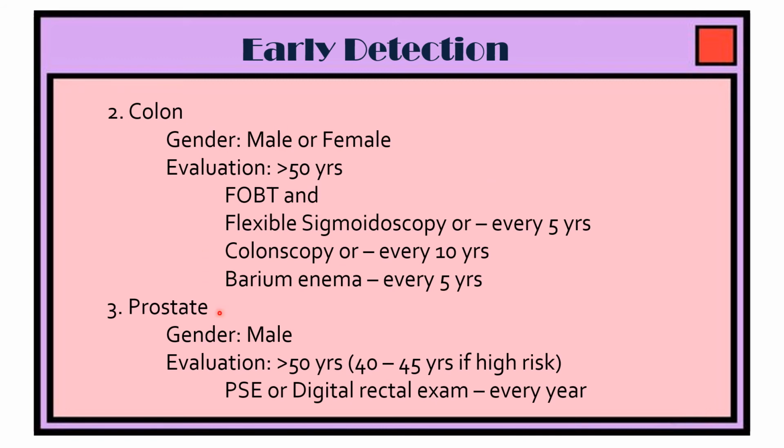To detect prostate cancer, especially for male who are more than 50 years old or those male between 40 to 45 years who are high risk for developing prostate cancer. Ibig sabihin, high risk sila because they have an immediate relative, halimbawa yung dad nila or brother ay nagkaroon ng prostate cancer. So they are high risk. So it is important to have a prostate-specific antigen test or digital rectal exam every year.